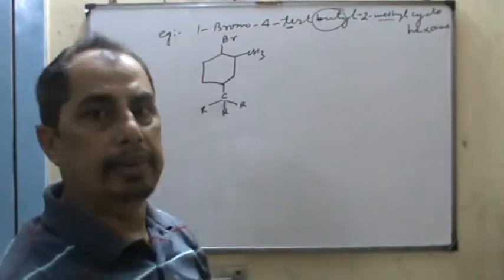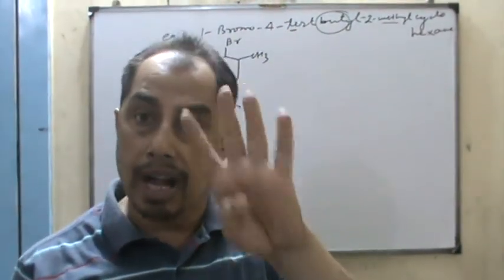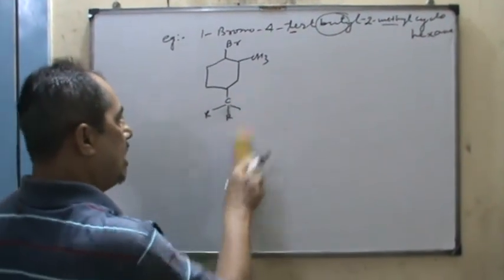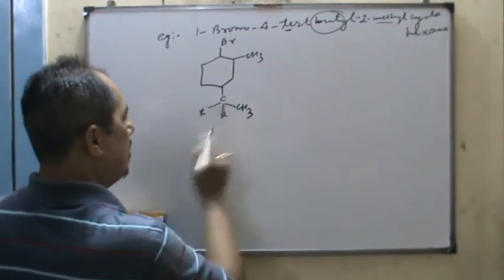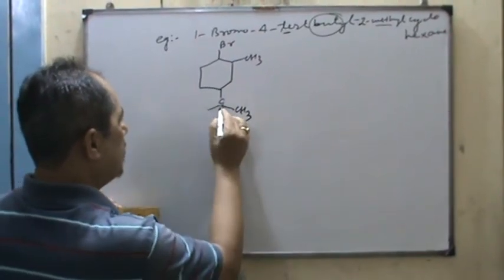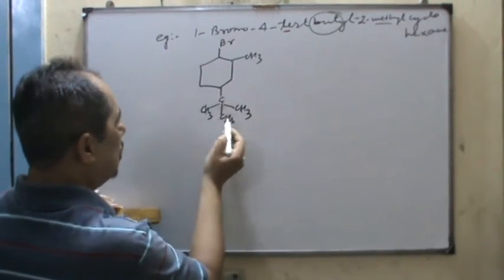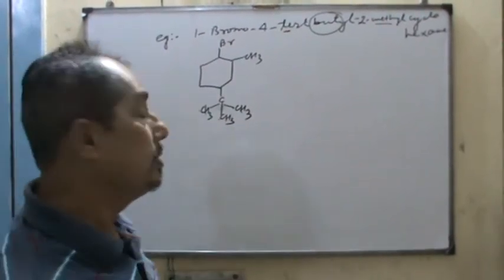Butyl means how many carbons? Butyl means 4 carbons. 1 carbon is already in that formula. So here you replace the R with methyl, and further replace another R with methyl. So 1, 2, 3 and 4 make tertiary butyl.